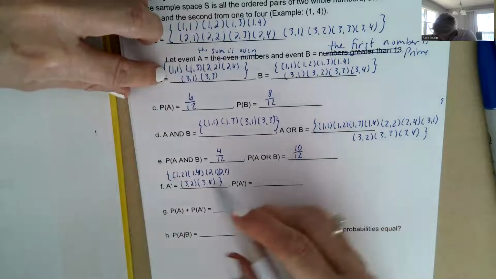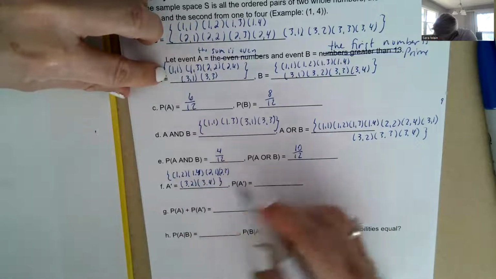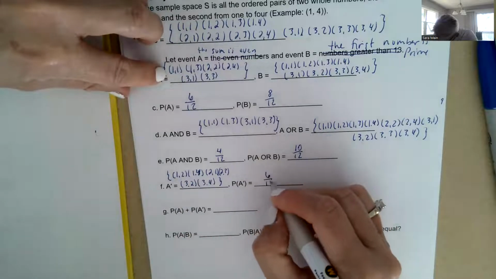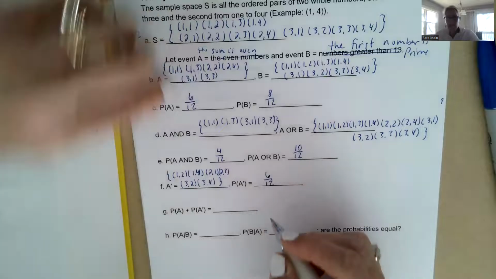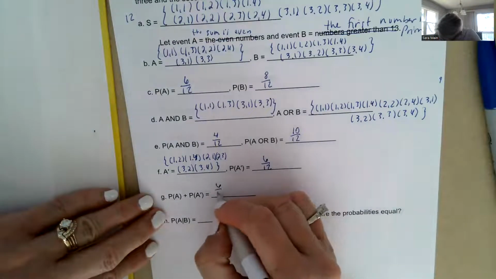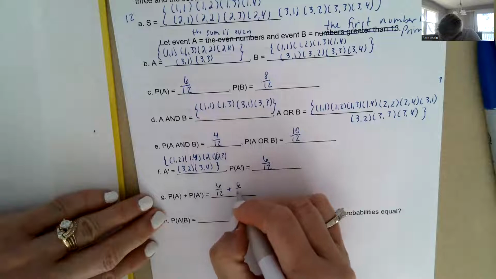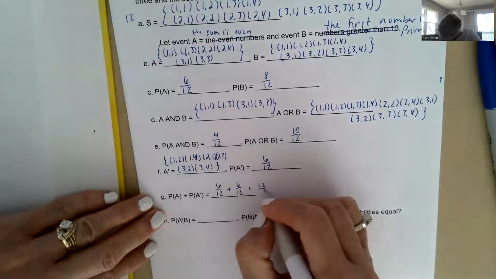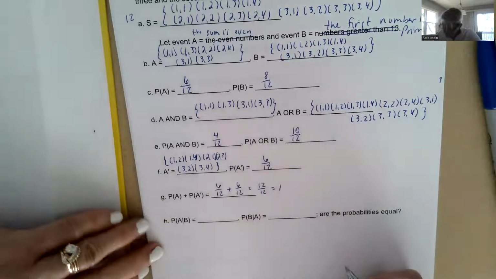The probability of A would be 1, 2, 3, 4, 5, 6. And we can see that the probability of A is 6 out of 12, plus the probability of A prime is 6 out of 12. So we indeed get 1.